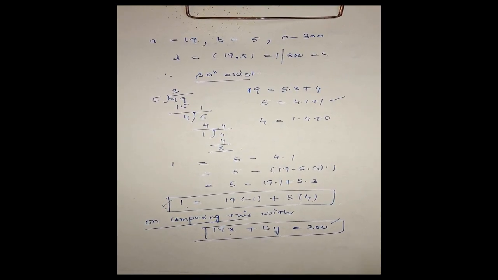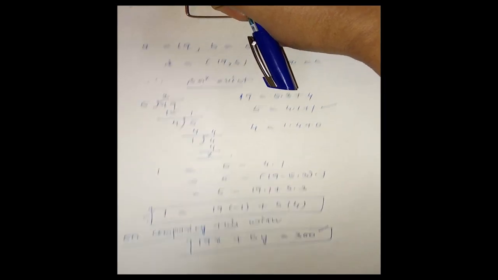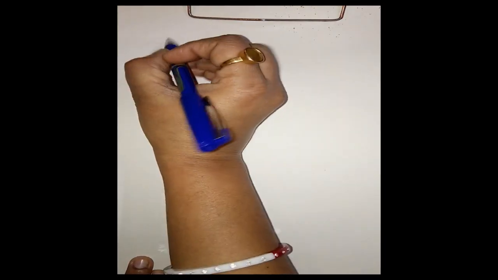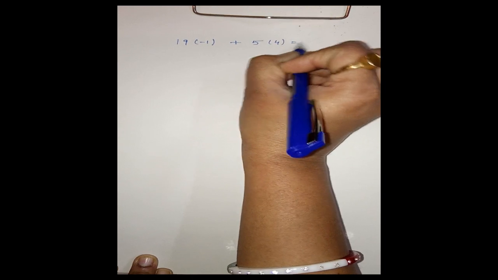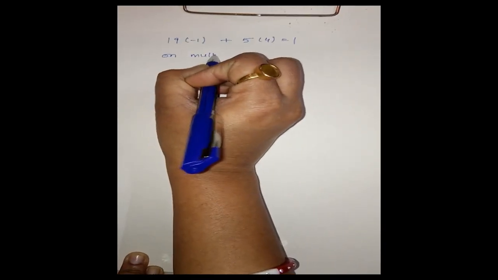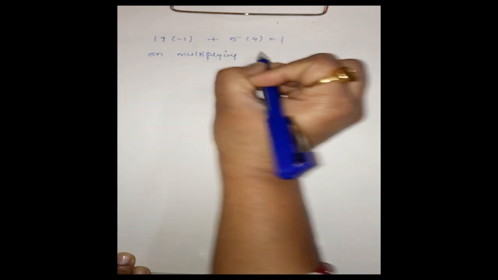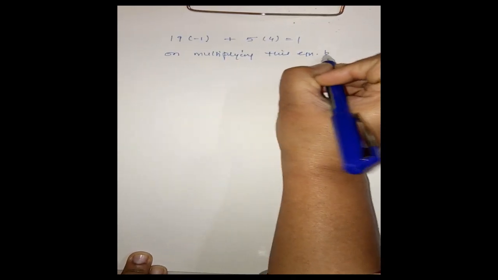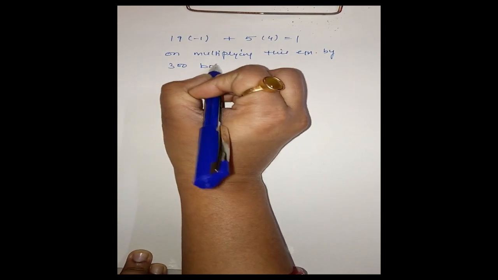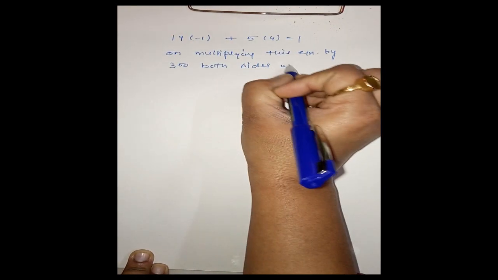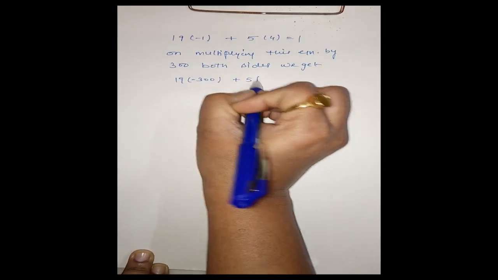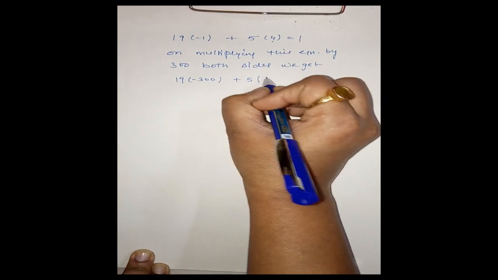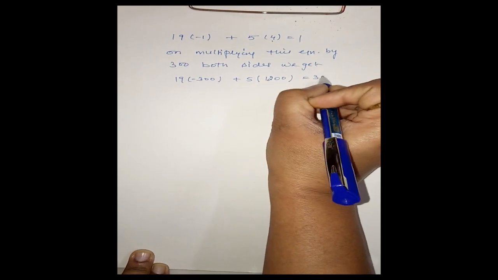We have 19 into minus 1 plus 5 into 4 is equal to 1. On multiplying this equation by 300 on both sides, we get 19 into minus 300 plus 5 into 300 into 4, that is 1200, is equal to 300.